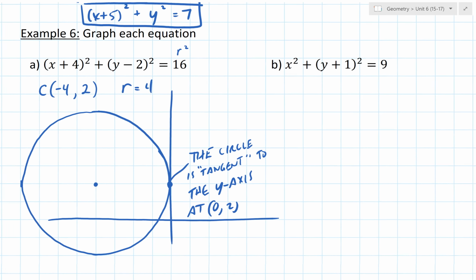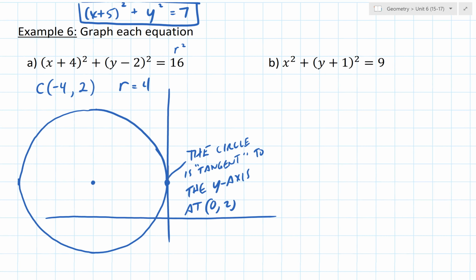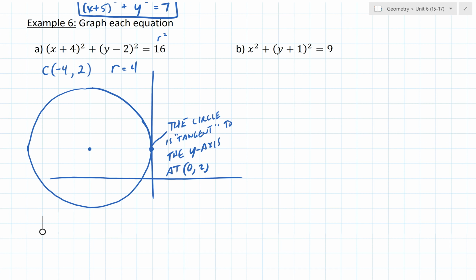All right, everyone go ahead and graph example B, please. Caden, what did you get for the center? (0, −1). And the radius? 3. Good.